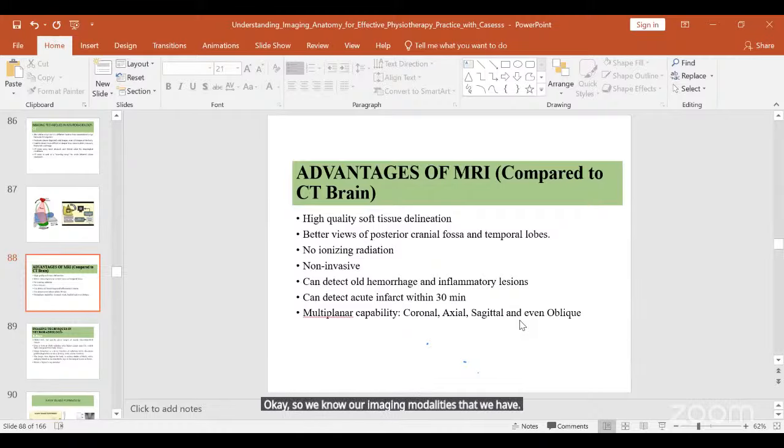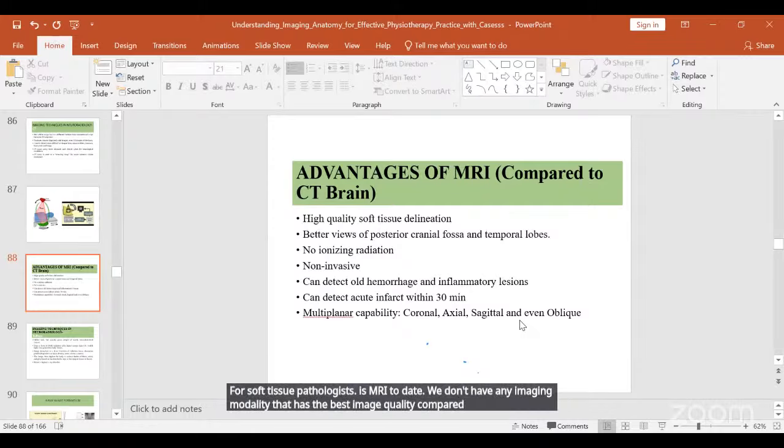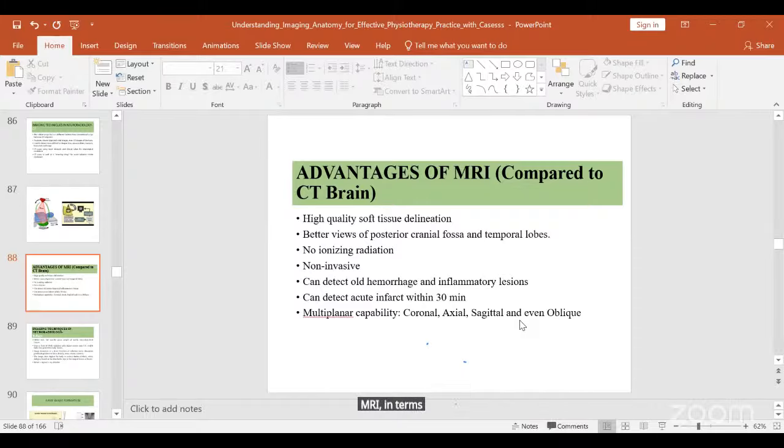The most powerful one that has the highest sensitivity for soft tissue pathologies is MRI. To date, we don't have any imaging modality that has better image quality than MRI for soft tissue visualization. However, it comes with its own disadvantages of high costs.